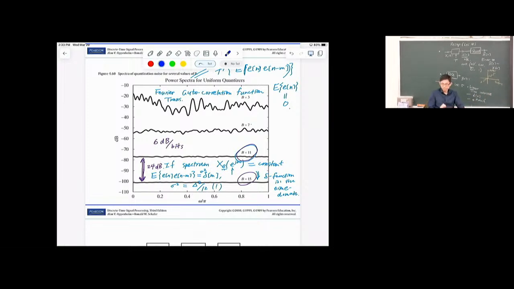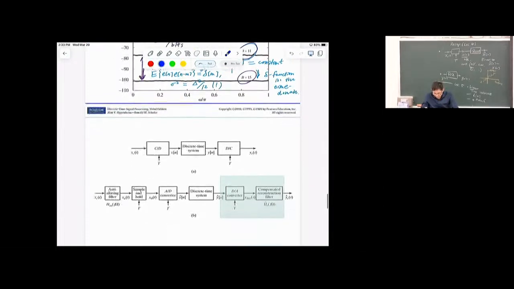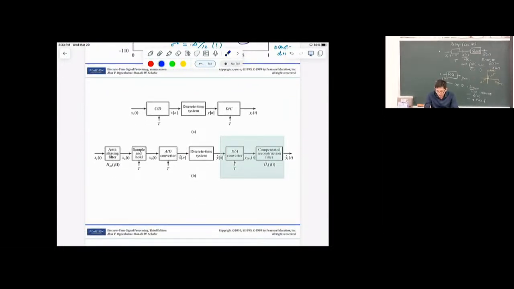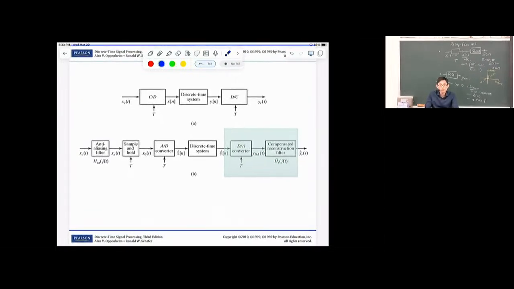Okay, so next, let's briefly review the entire chain. I think this is a good time. The entire chain for processing our signal is shown here, with the continuous time signal at the very left.